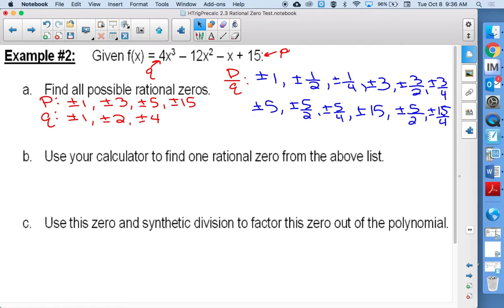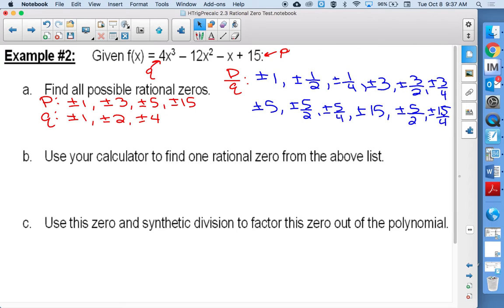When I was in Trig and Pre-Calc and we did this, we would have been given a whole sheet of paper and we would have been asked to start dividing. So I would have taken the first zero of positive 1 and I would use synthetic division for 4, -12, -1, 15, and I would literally divide to see if this was a 0. So you don't have to do this, I'm just showing you the whole process behind it.